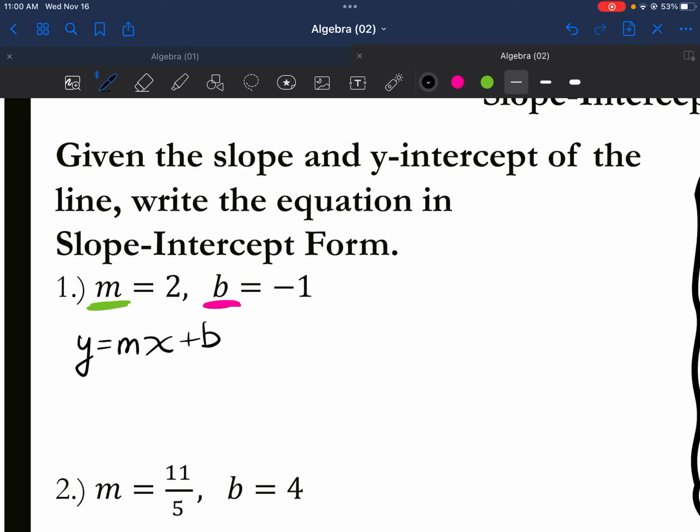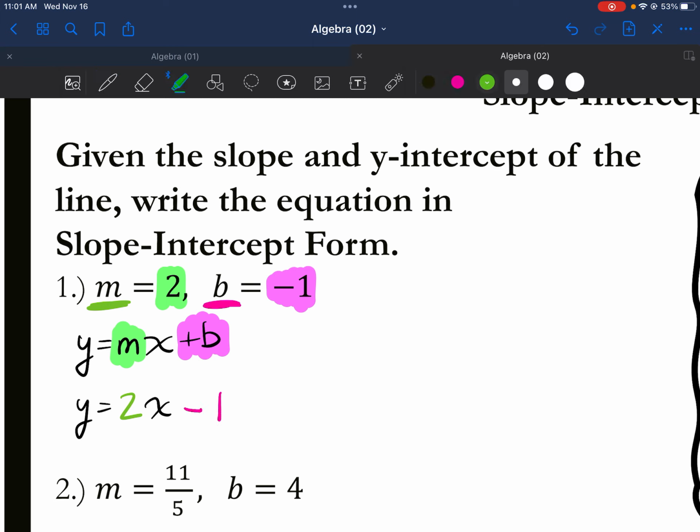So I'm literally going to substitute that information in where I see the m and where I see the b. And in this case, the b is -1. So it's not going to be a plus -1. You can write that. Or you can simplify and write y equals 2x minus 1. So the simplified way is to write it this way.